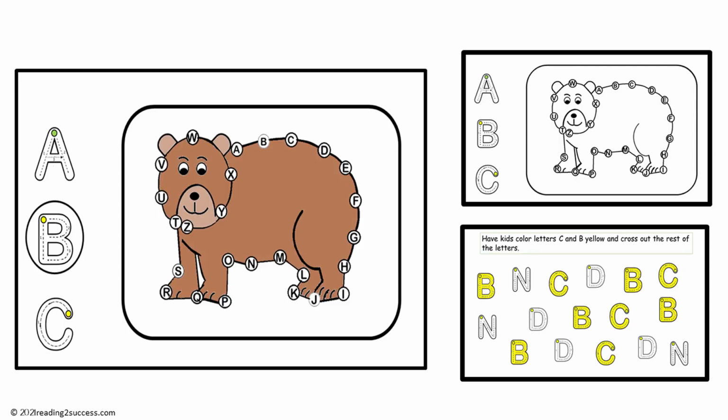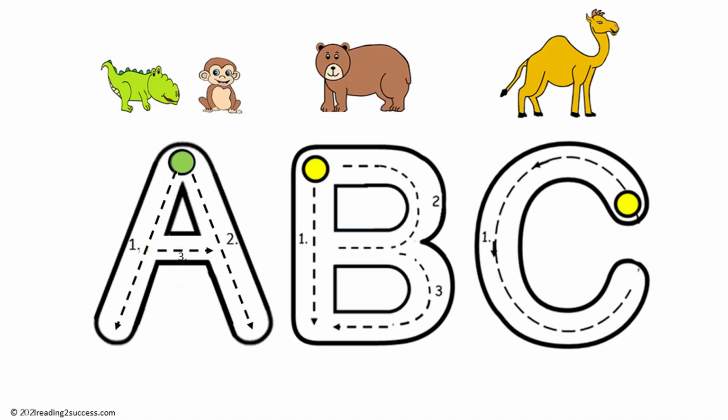Next, there will be activities for kids to practice letter identification. Now with kids, look at the first letter card. It has 3 letters, A, B, and C. Each letter has a dot.